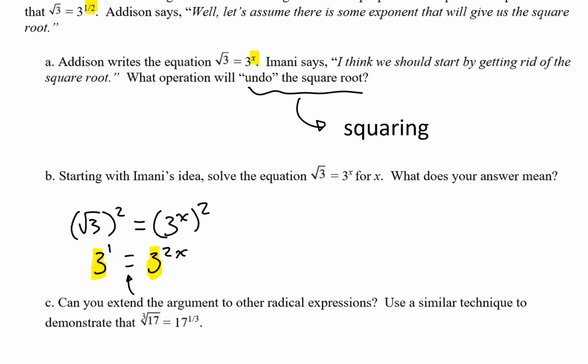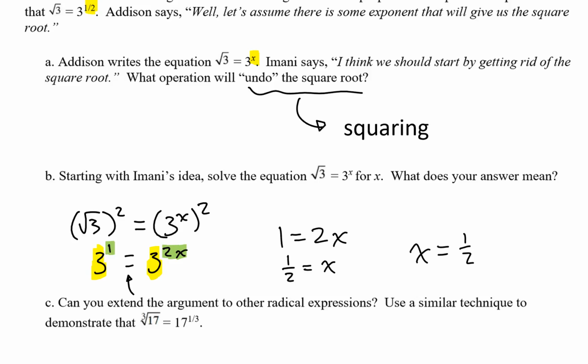The only way this can be true, 3 to a power equals 3 to a power, is if 1 is 2x. And if I solve that for x, I get 1/2 is what x is. What? That did not just happen.